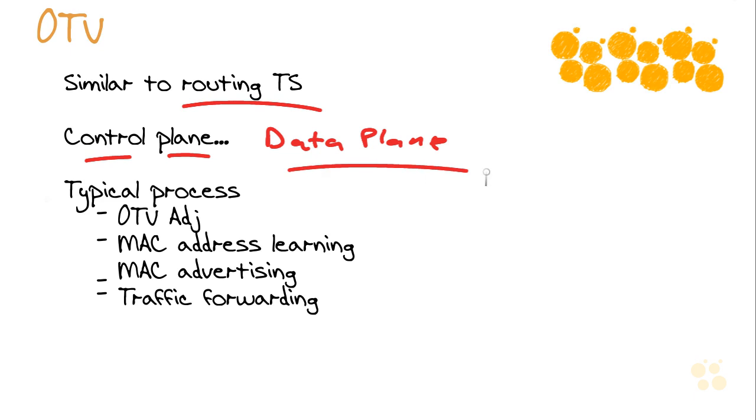So, in other words, you might make sure your adjacencies are established fine. Make sure that the MAC addresses are being learned properly on the edge device. Then we could make sure the MAC addresses of the sites are being advertised properly by OTV. And then finally, you can actually see if the traffic forwarding is functioning normally across the OTV infrastructure.